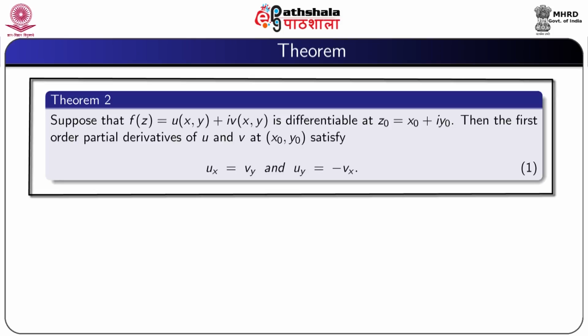Then the first order partial derivatives of u and v at (x0,y0) satisfy the equations u_x equal to v_y, that is partial derivative of u with respect to x is equal to partial derivative of v with respect to y, and also partial derivative of u with respect to y is equal to minus partial derivative of v with respect to x.